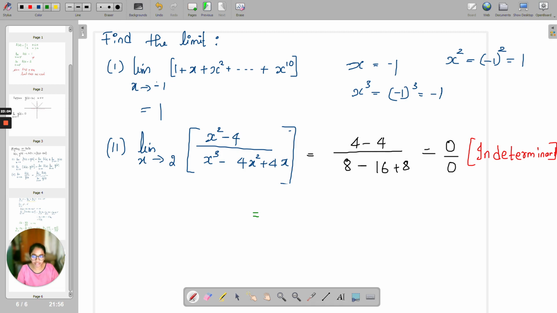Let me write it in the form of a plus b into a minus b. So can I write it as x plus 2 into x minus 2, divided by, let me take x common, x square minus 4x plus 4. Can I directly write it as x minus 2 the whole square?